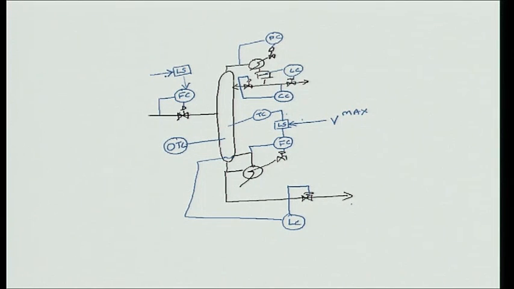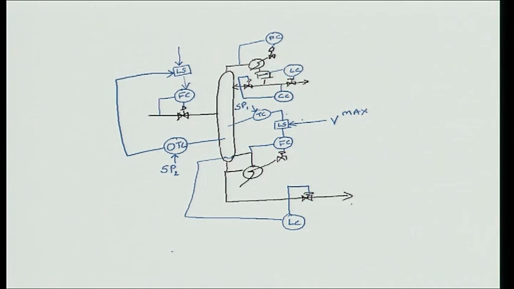This is the operator setting the feed, or an upstream process setting the feed, and the other signal to the low select is from this. Okay. And now the set point of this temperature controller is SP2, and let us say the set point of the other controller is SP1.